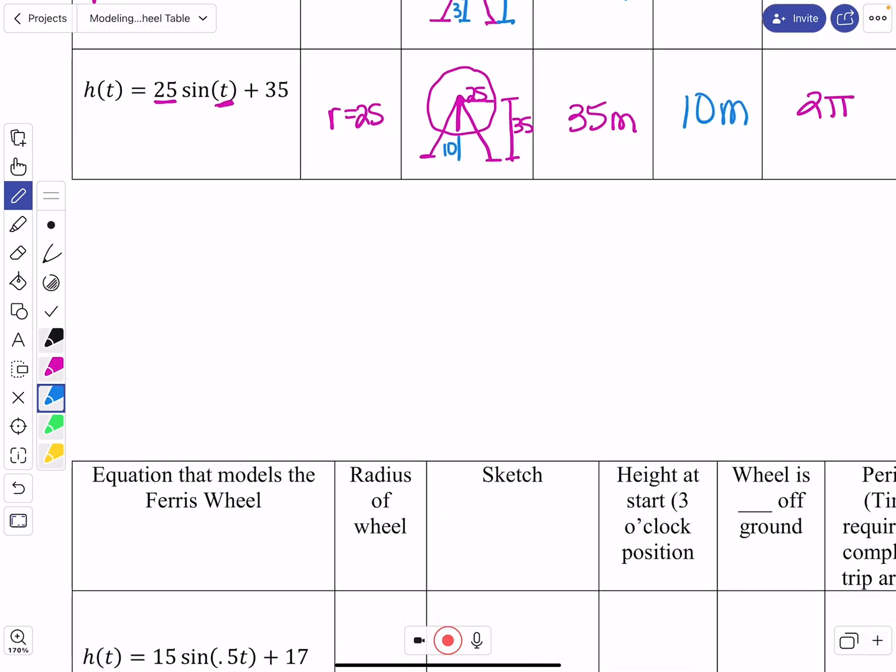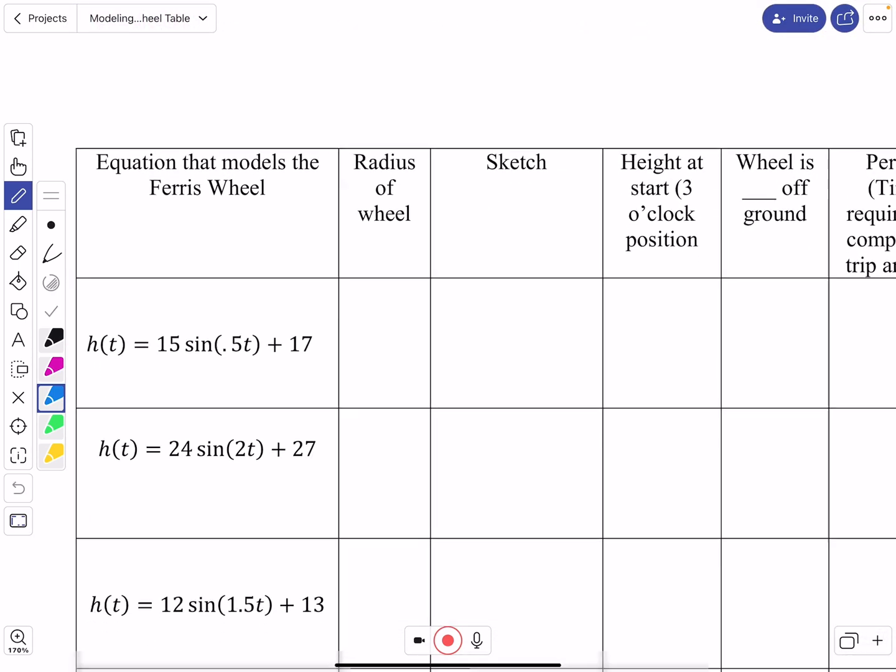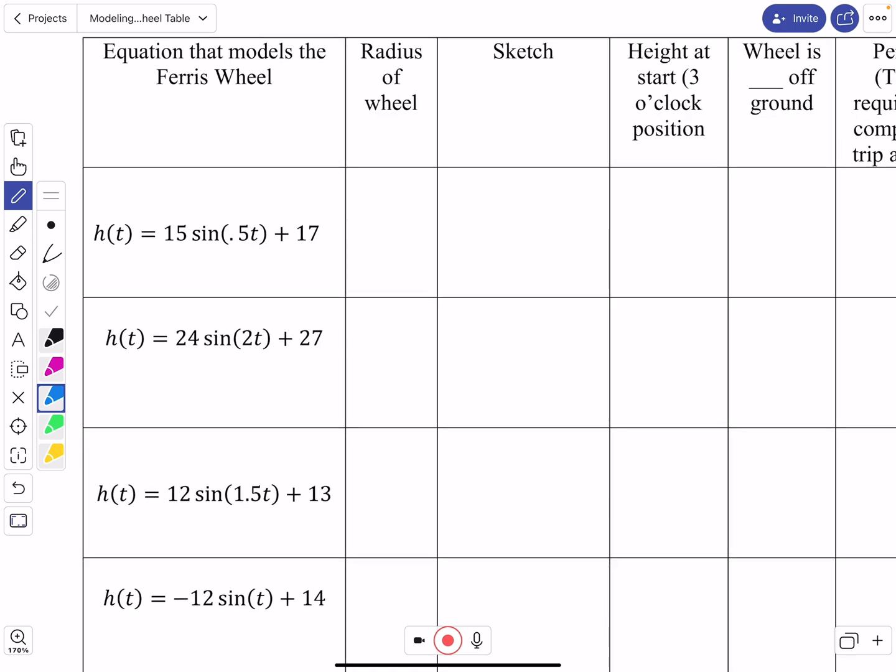Okay, so moving on. Very similar, except this time, notice we don't have just a t anymore. We're actually going to have to figure out what our period is, okay? So the first thing that we'll figure out, the easiest thing to figure out, is our radius, which is going to be 15 meters.